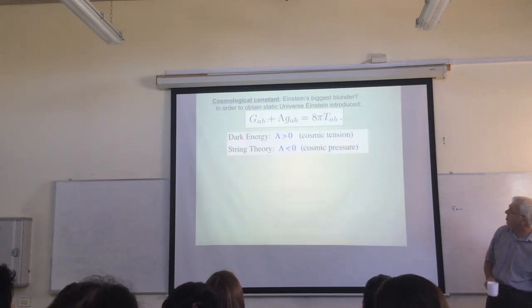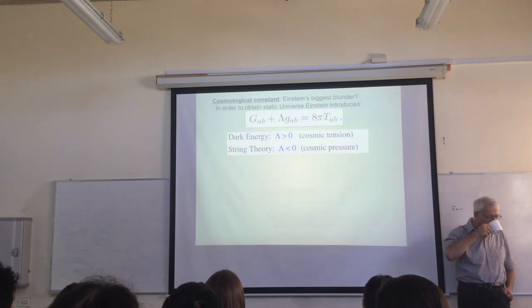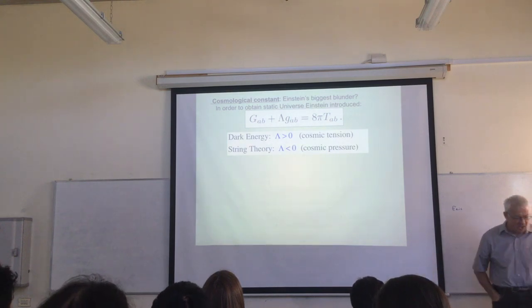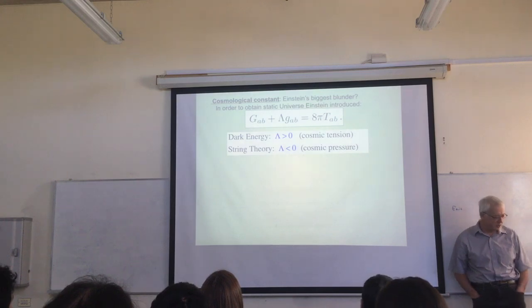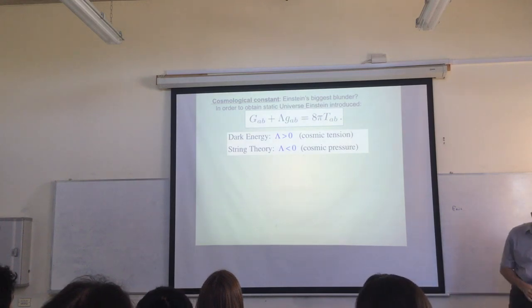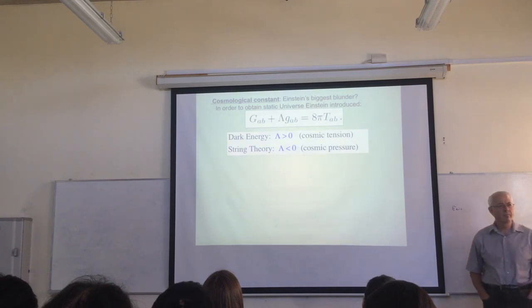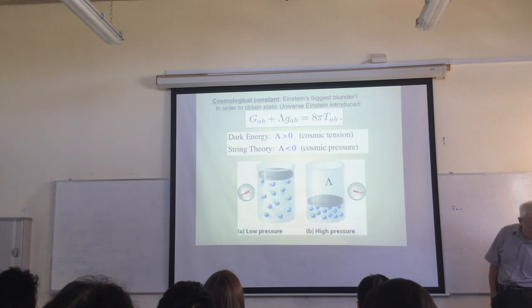The cosmological constant, which Einstein called his biggest blunder, actually can be associated with either a cosmic tension, if lambda is positive, or a cosmic pressure, if lambda is negative, which I pointed out last time.